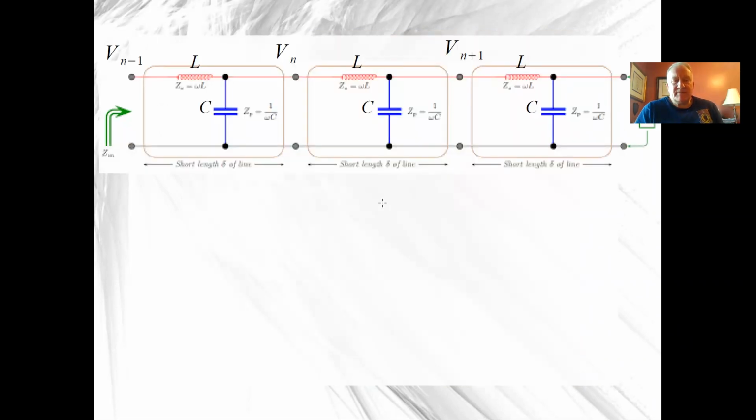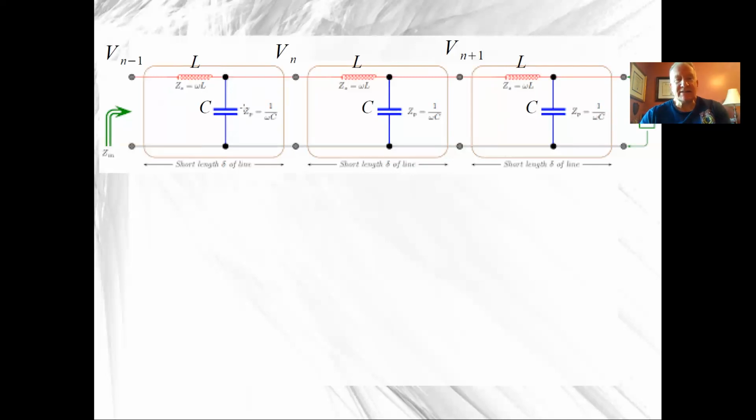I'll blow it up a little bit. We take our coaxial cable, cut it up into little chunks, and it has some inductance. The impedance of an inductor, if you remember, is omega L, where omega is 2 pi times the actual frequency.